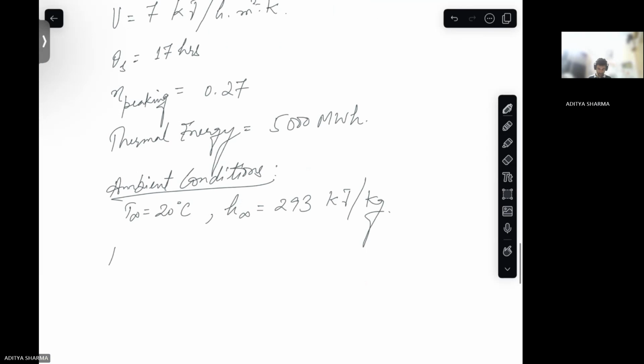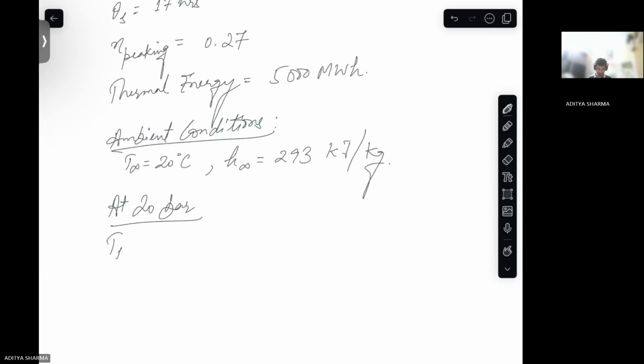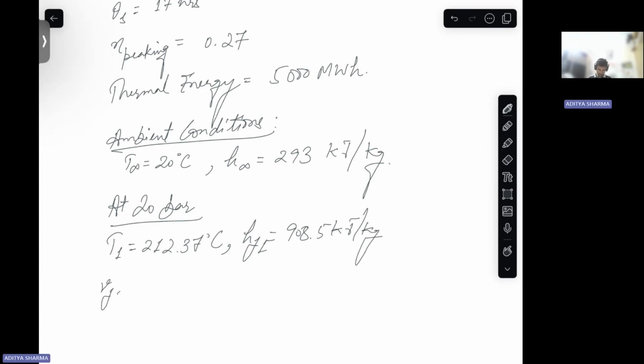Ambient conditions, then at 20 bar, what do you have? T1 equals to, hf1 equals to, vf1 equals to.